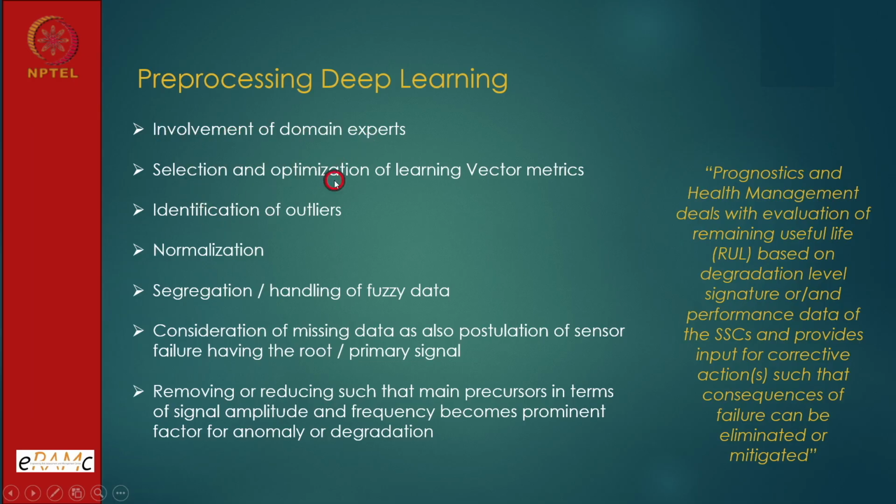Selection and optimization of learning vectors requires a complete knowledge of the plant, not in a skewed way, identifying parameters based only on the design documents. Operating experience will be required, because so many noises have to be handled, and so many maintenance schedules impact the maintenance and operation.